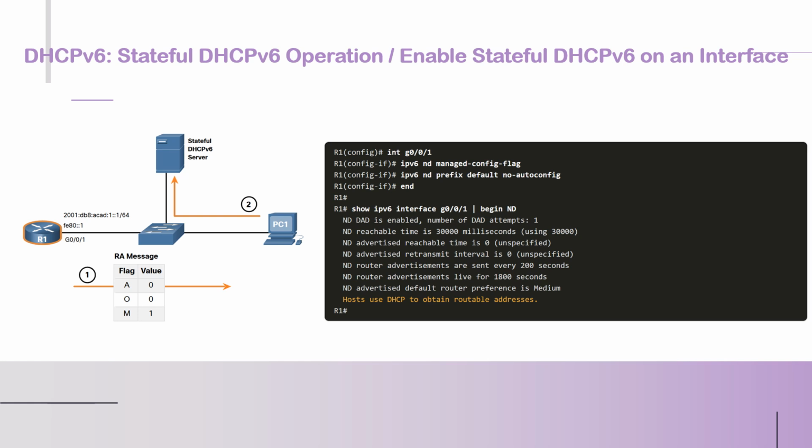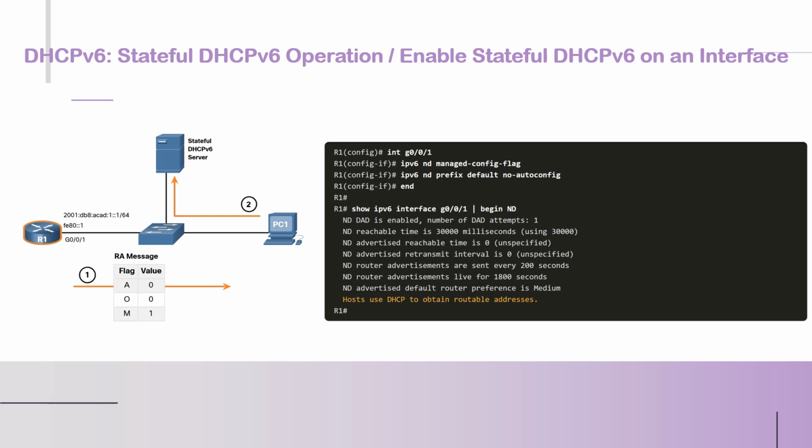And the highlighted output in the example here confirms that the router advertisement will tell the host to obtain all IPv6 configuration information from a DHCP version 6 server, which means that the M flag is 1.